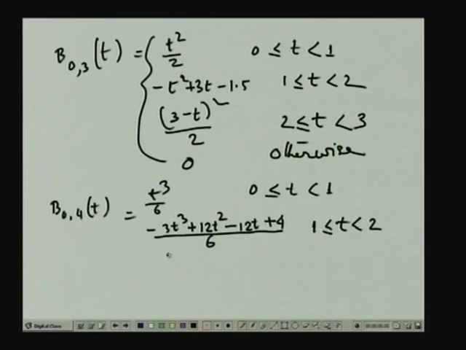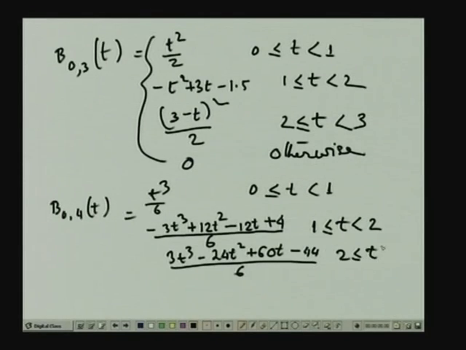It will be equal to 3 t cube minus 24 t square plus 60 t minus 44, divided by 6, for 2 less than or equal to t less than 3. This will be equal to (4 minus t) cube by 6 for 3 less than or equal to t less than 4, and it will be 0 otherwise.